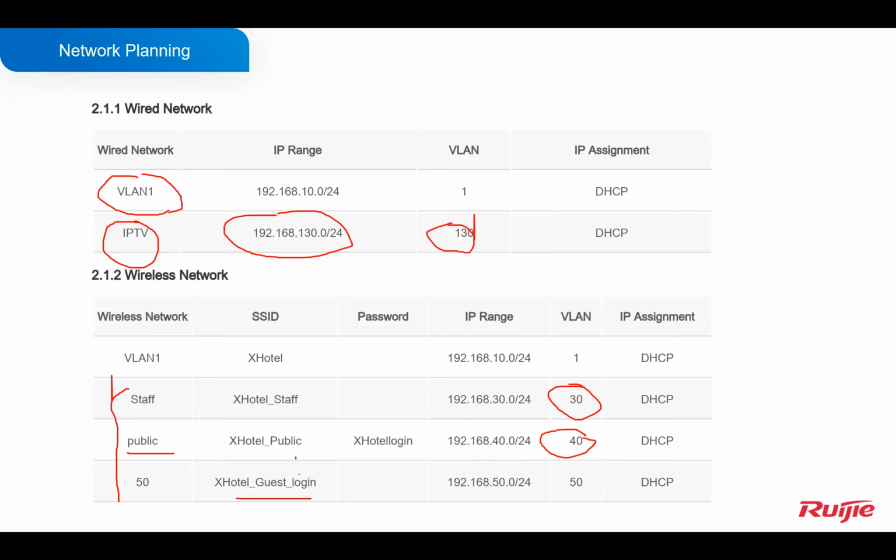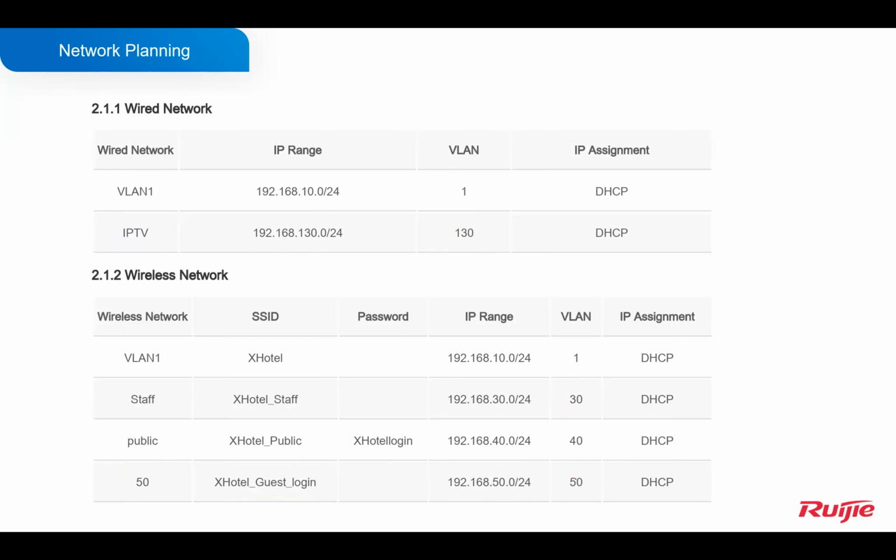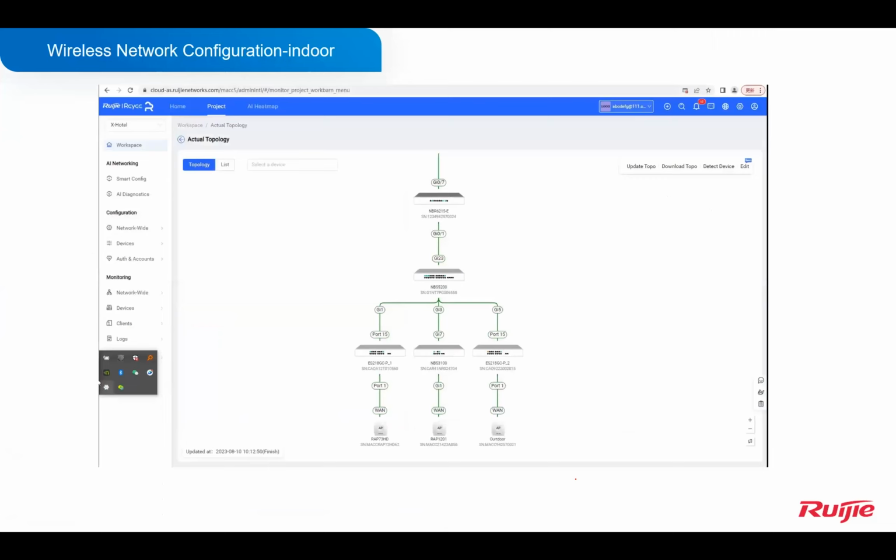For the guest SSID, we use 192.168.50.0, and the VLAN ID is 50. So for different SSIDs, we can provide different wireless networks to different types of customers. Okay, so now let's see this video on how to configure the network for our indoor AP.